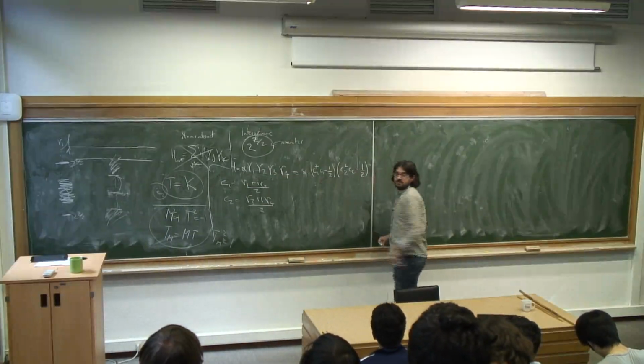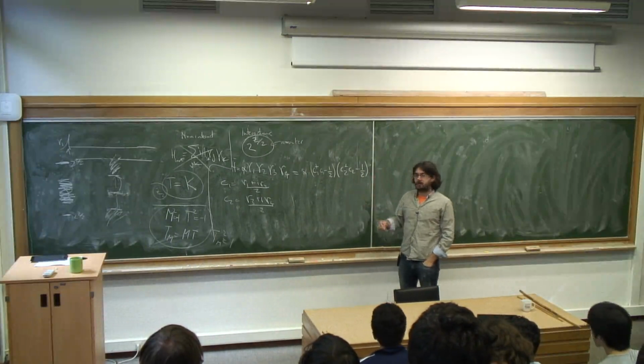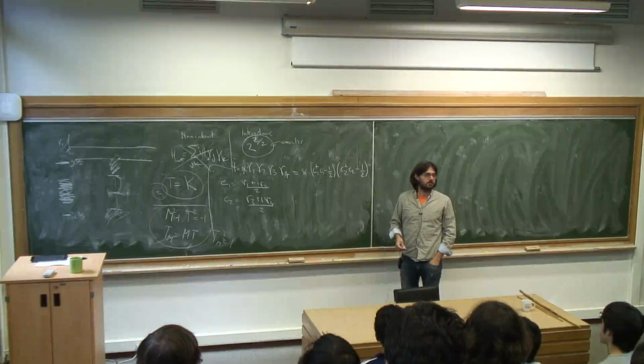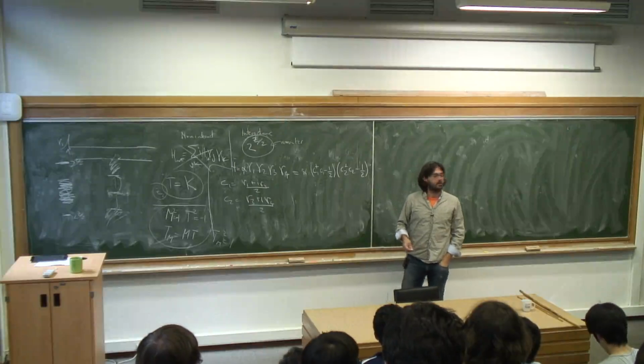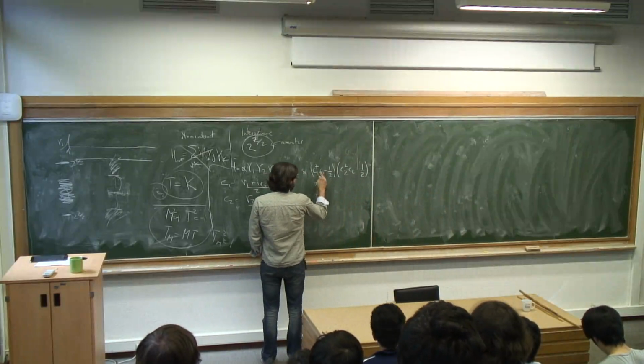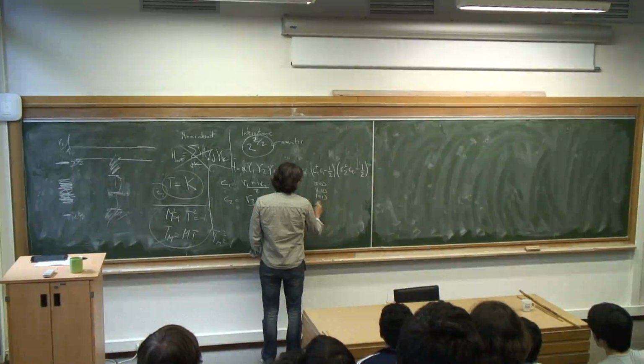What are the eigenvalues of this? How many states can I make? What's my Hilbert space? So my Hilbert space is 0 0, 0 1, 1 0, 1 1.